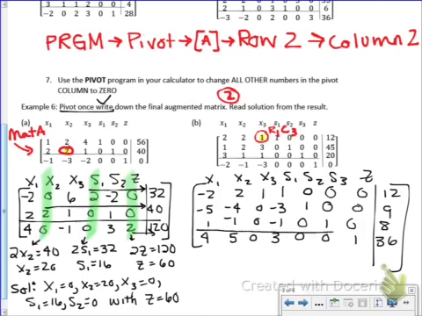Draw on that extra little line to show that this is the indicator row or your objective function row. Alright, and then you can just do your solution from there.